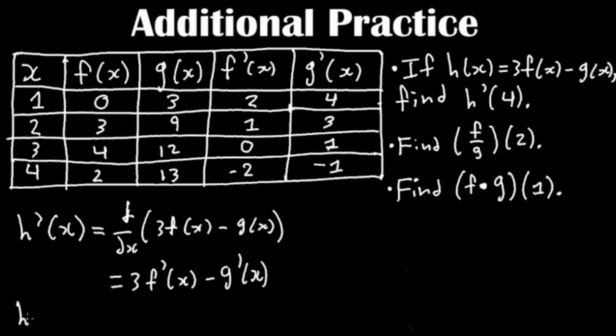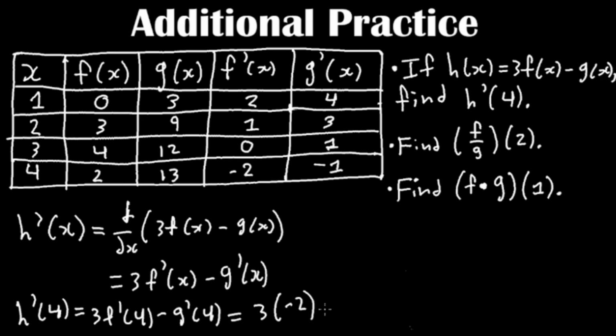So if we just plug in 4 into our derivative, that's 3 times f prime of 4 minus g prime of 4. But how do we find those? Well, that's where this table comes in. So f prime of 4, we're given that's negative 2.